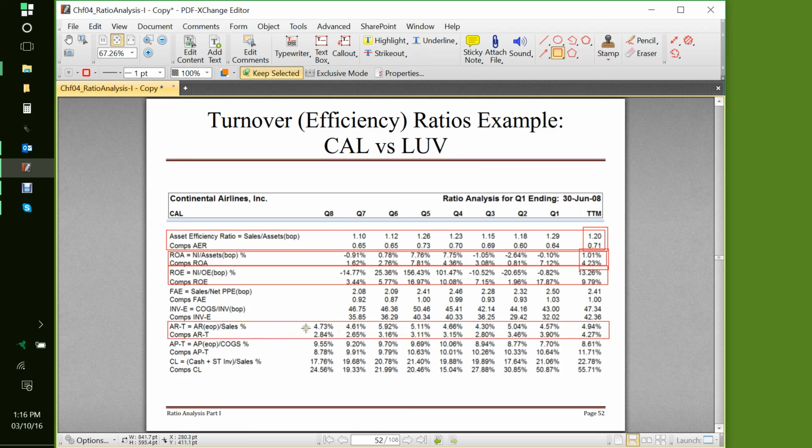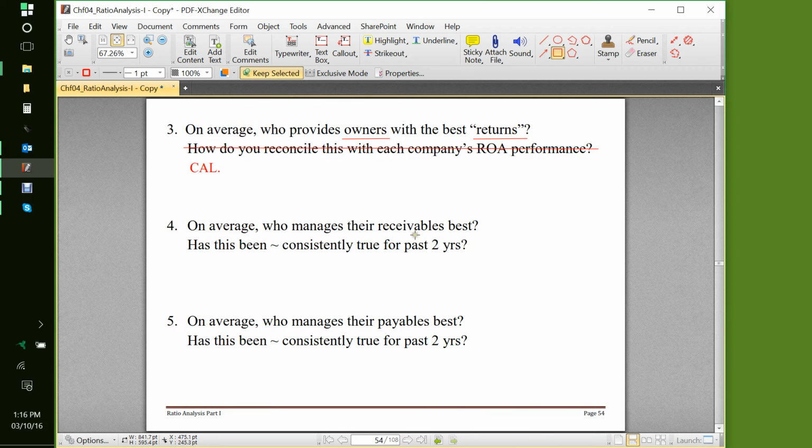Okay, and now we've got to go back to, is bigger better, is smaller better? In this case, smaller is better, right? The more AR we have, accounts receivable we have, that's the less cash we brought in. We want to bring in as much as possible. So who's doing better? 4.3 smaller than 4.9. So Southwest is doing better, and that's going to be from the AR turnover ratio.